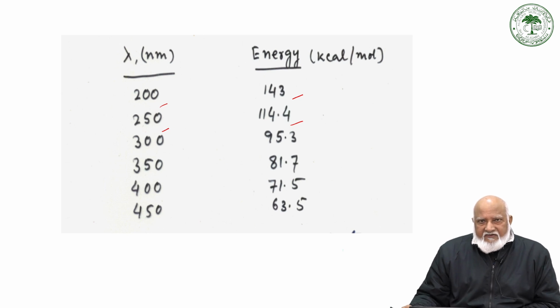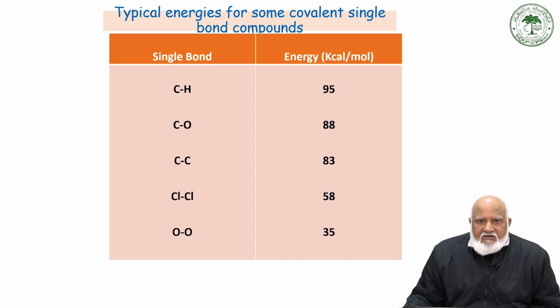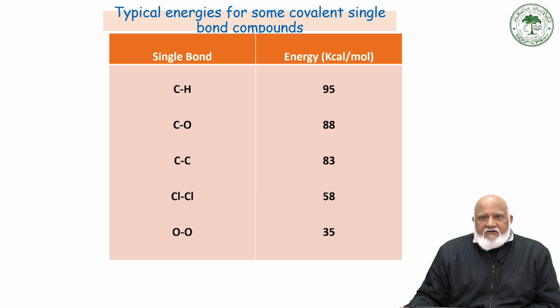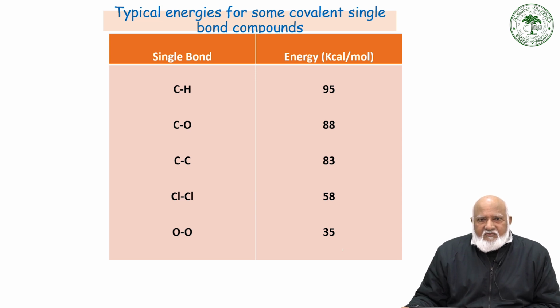In the next slide, I have also shown the amount of typical energy associated with some covalent single bond compounds, just to emphasize that UV light is more than sufficient to bring about electronic excitation of different bonding molecules present in the molecule.